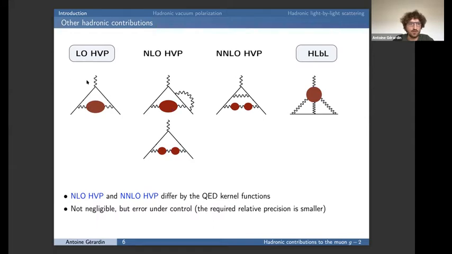They are similar to these first diagrams, except that there are either more photon lines or two of these red blobs, and they can be computed in a similar way as the leading order HVP, just with a different QED kernel function. But they're also much smaller, and so they are now well under control. So really the two important diagrams are this leading order HVP and this hadronic light-by-light scattering.